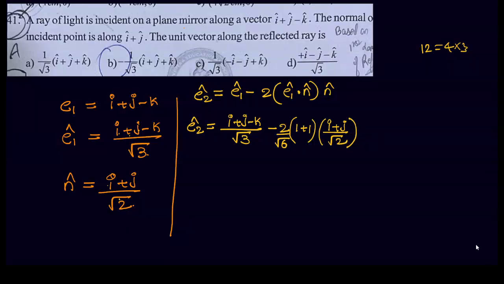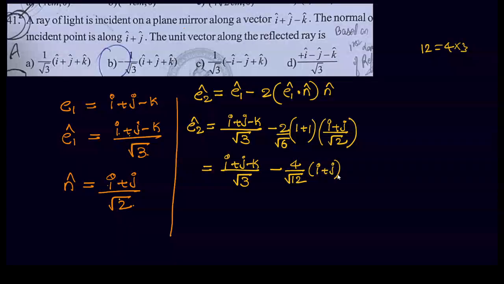We did correctly till here. Now this value will come to be i plus j minus k by root 3 minus 4 by root 12 into i plus j. Here we made a mistake.